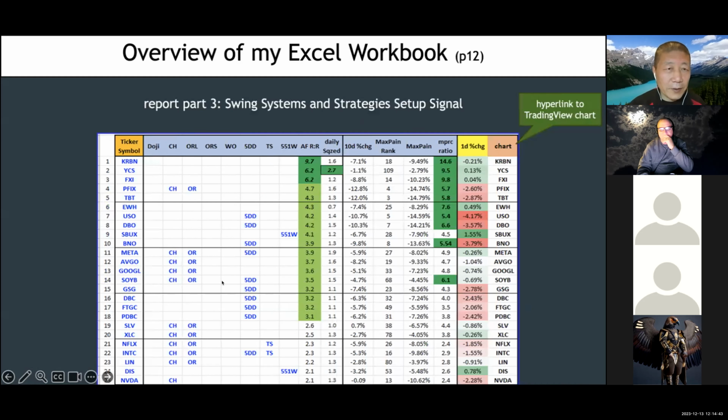This is the swing system and strategy set of signals. Basically, I found all those signals and sorted by the auto-framer reward to risk ratio. The max pain is not included here. I limited it to 25 symbols, otherwise some days you get maybe many symbols.